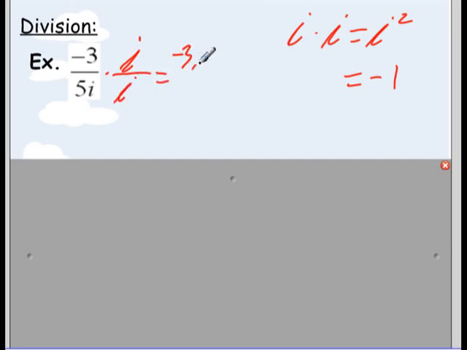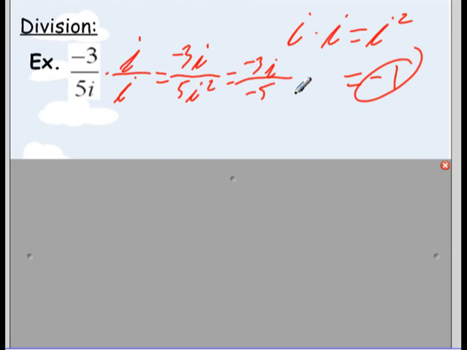And so on the top, I have -3i. And on the bottom, I have 5i squared. But what's i squared? It's -1. So that denominator just becomes 5 times -1, which is -5. So I have -3i on the top, I have -5 on the bottom, and now my denominator is rational.